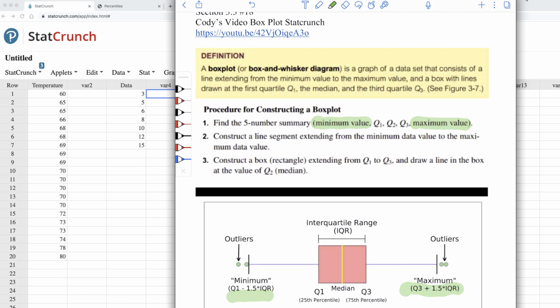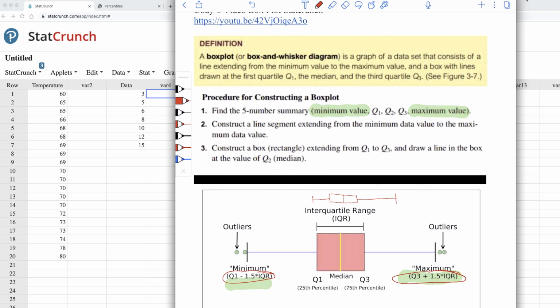So you might see one where they don't put the outliers in, and it would just be a box plot that looks something like this, and it goes out and shows how far the minimum and maximum are. And there won't be any outliers. It goes to the minimum value and the maximum value. So it depends on if they want you to show the outliers or not. If they want you to show the outliers, you calculate this value, and then you show your outliers.